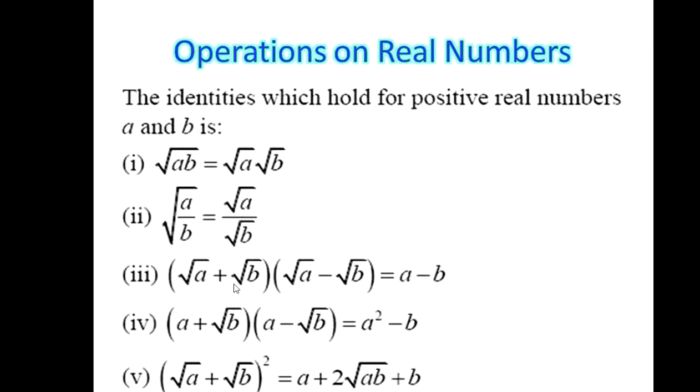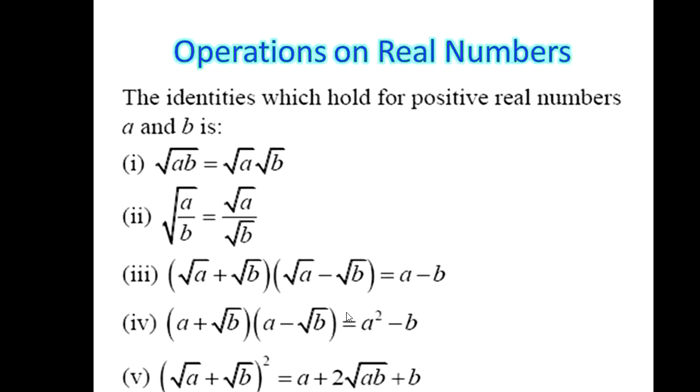Okay, like this you would have seen in the algebraic identities, a plus b into a minus b, which is equal to a square minus b square. If you apply the same algebraic identity, since it is in square root, you will get a minus b as the answer.